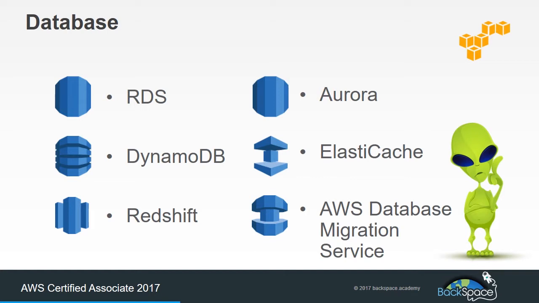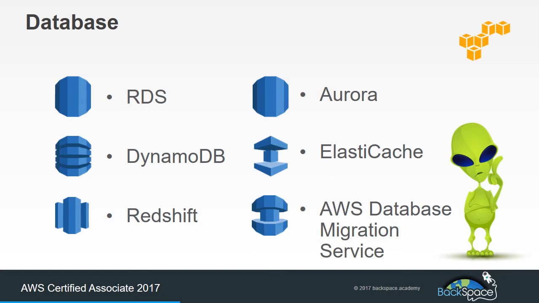Amazon Redshift, now that is the data warehousing solution for AWS. And what that is, it is a PostgreSQL database engine that has been modified for use on AWS and modified to provide high performance with petabyte scale data.